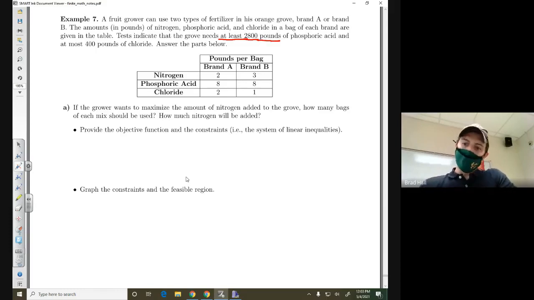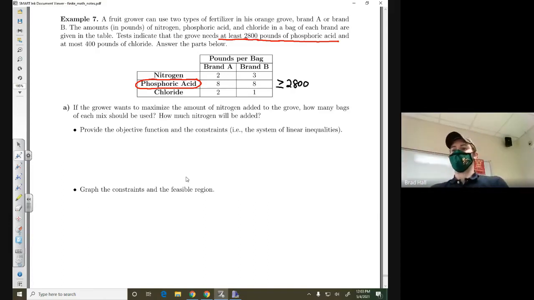I see phosphoric acid. And so there's actually a row for phosphoric acid. So I know for that row, at least means that at the smallest, it's 2,800, but it could be larger. So at least 2,800 for that second row.